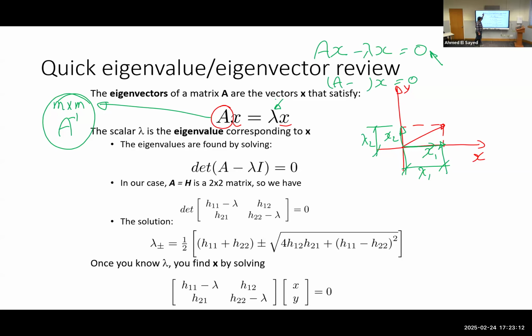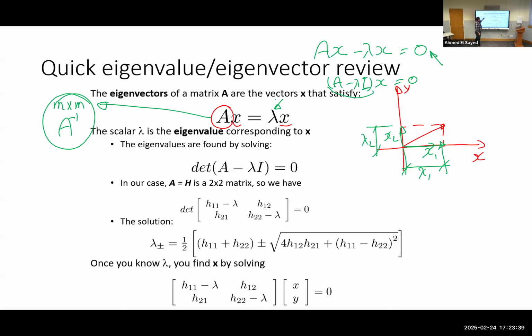When I take the x out of here, it will be lambda, but times what? I still need something to satisfy the matrix operation. So make it I, the identity matrix. Now I have A minus lambda I, times x equals 0.